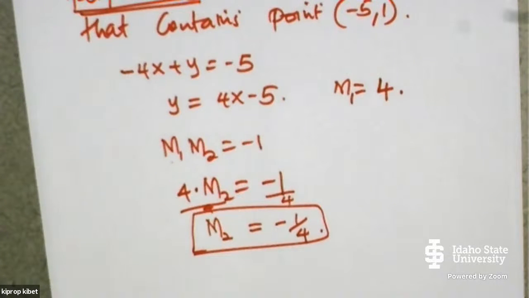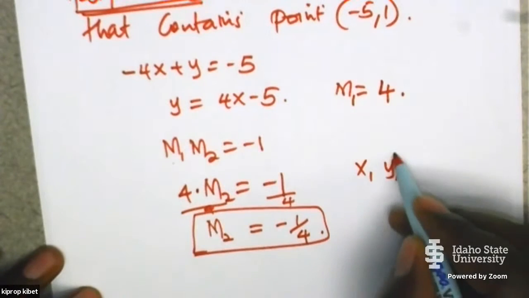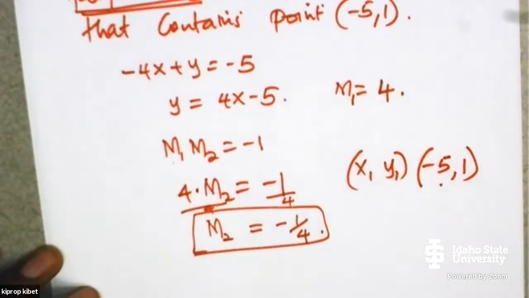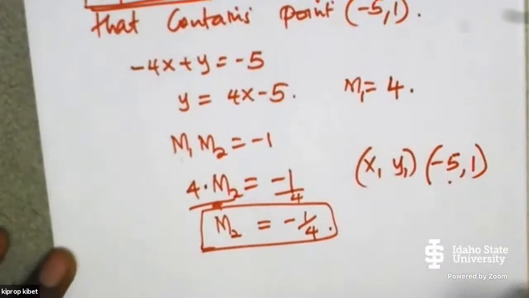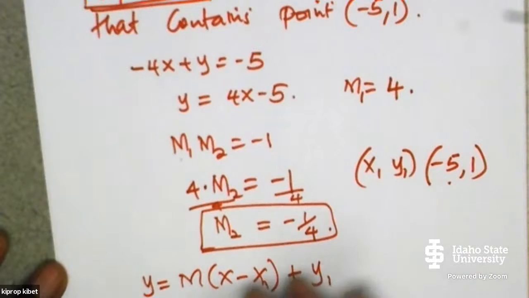And we have the point x1, y1 as -5 and 1. So using y equals m times (x minus x1) plus y1, we just substitute everything here.